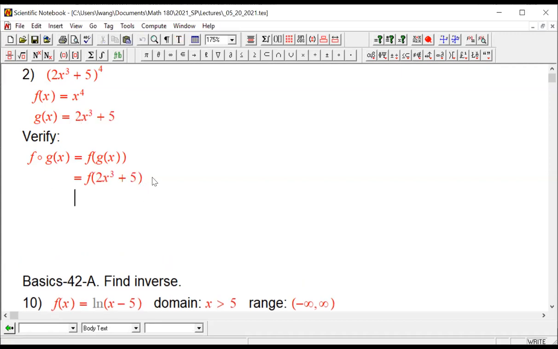And F is power 4. So whatever to the power 4. You see, it works, right? So you need to be able to identify those F and G.